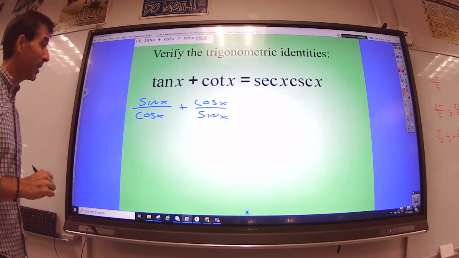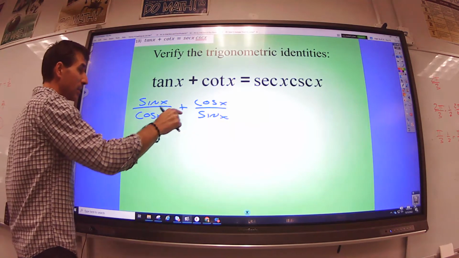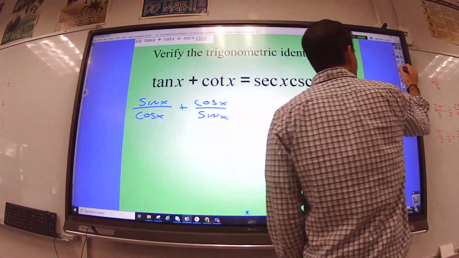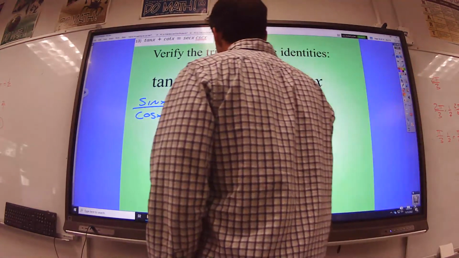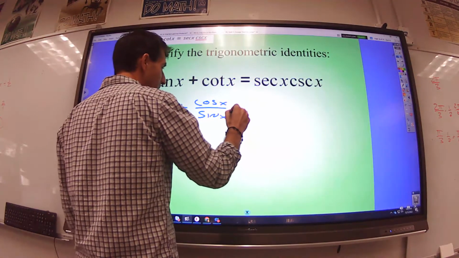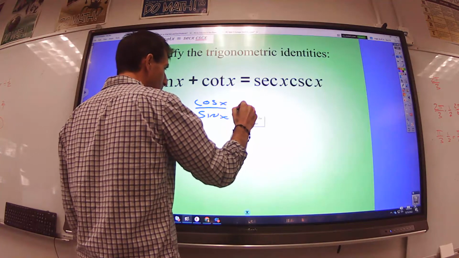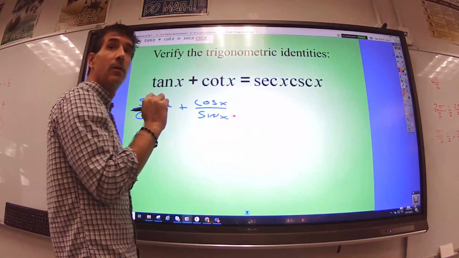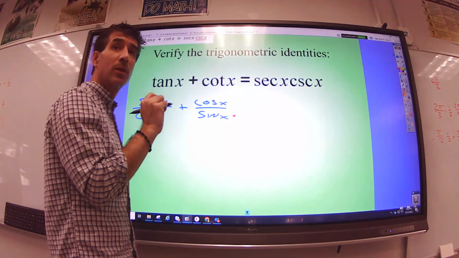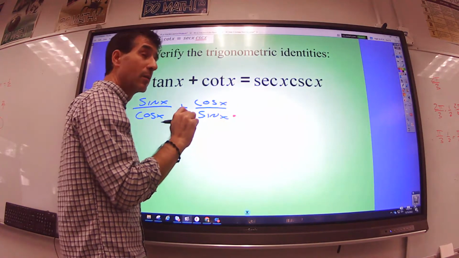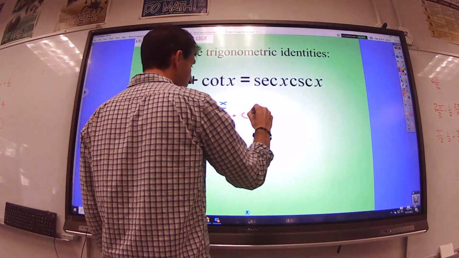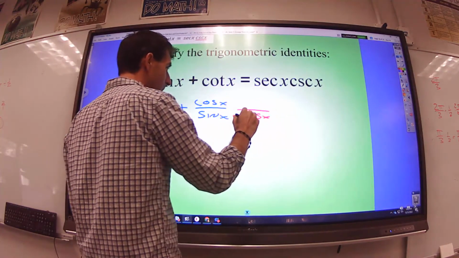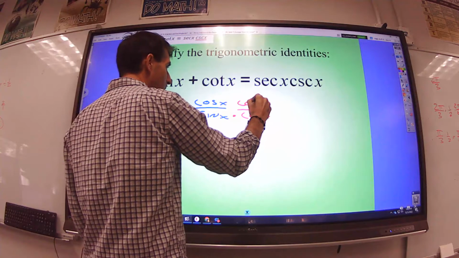My common denominator: this has cosine, this has sine. Now I have a feeling I'm going to have to show you guys this with fractions. If you guys pretend like you're interested in this, that'd be great. Multiply this by cosine x, and then multiply this times cosine x.